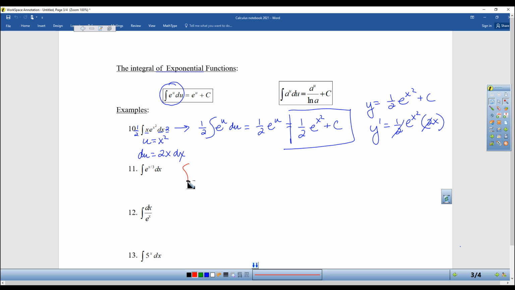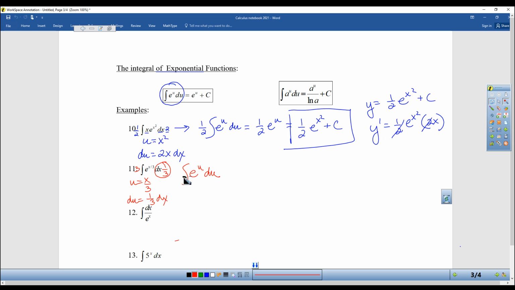The only thing you can take the integral of is e to the u du. So you have to make u x over 3. That would make du 1/3 dx. I don't have a 1/3, so I put a 1/3 in and a 3. So the 1/3 dx becomes my du.